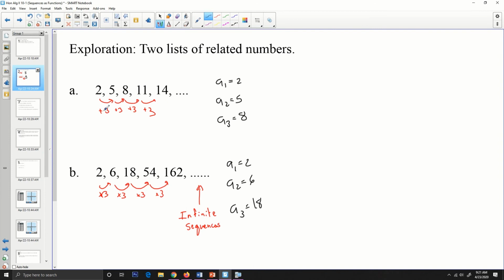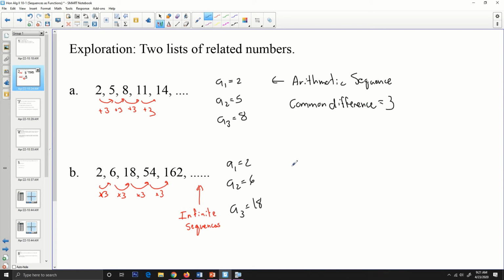So since here we have added, this is an arithmetic sequence, and its common difference is 3.